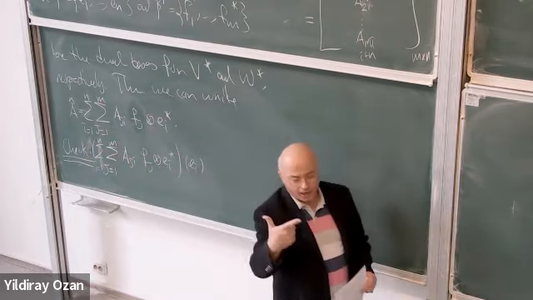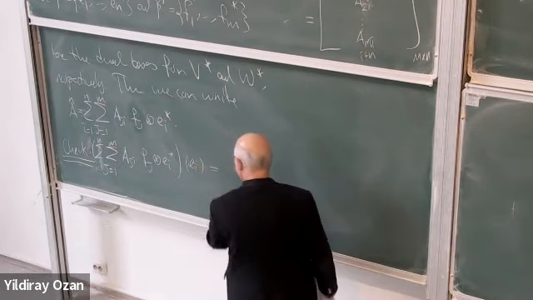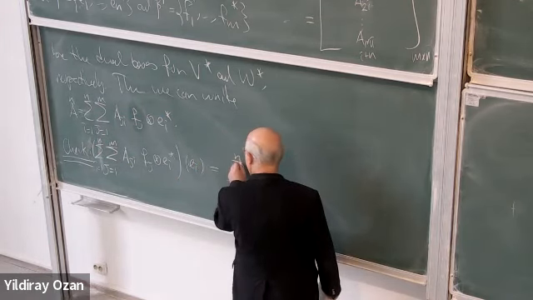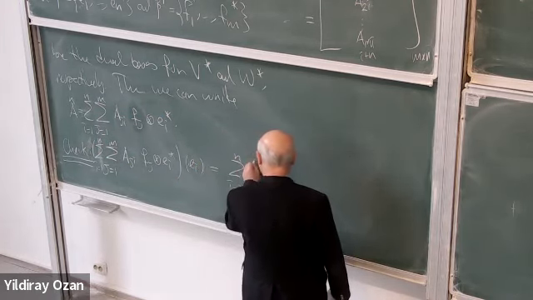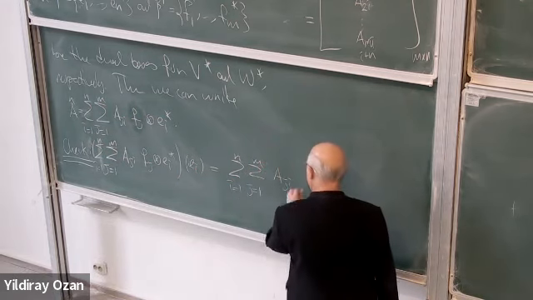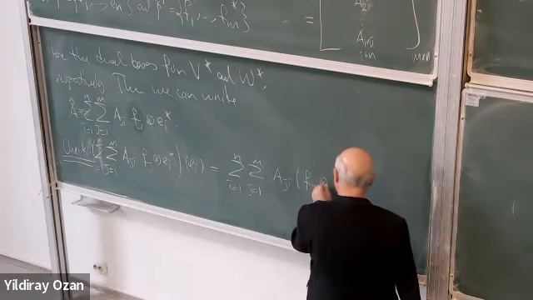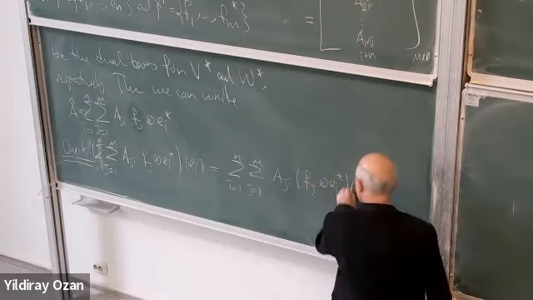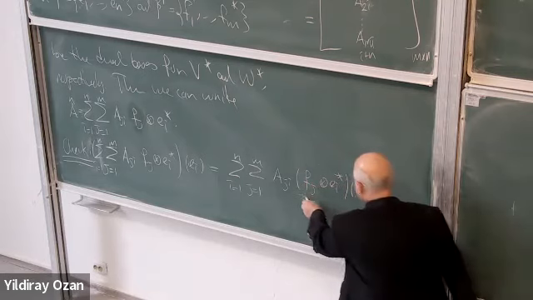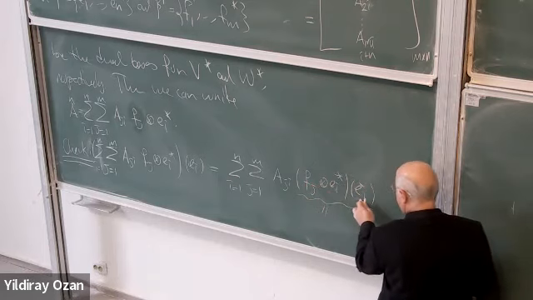For each pair i, j, I have one term. What is the result of this? Well, the double summation of a_ji, and then f_j ⊗ e_i* evaluated on this. But what is this gadget?